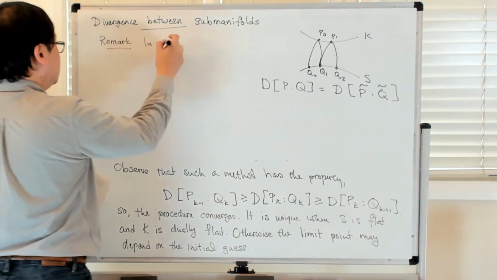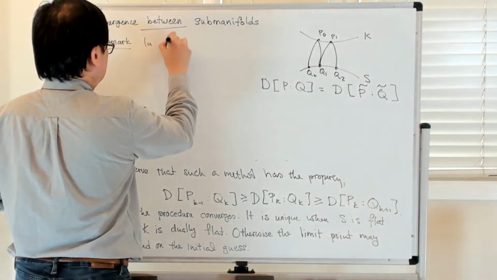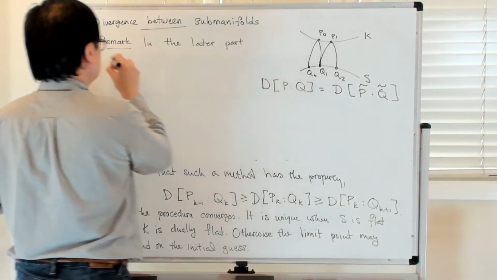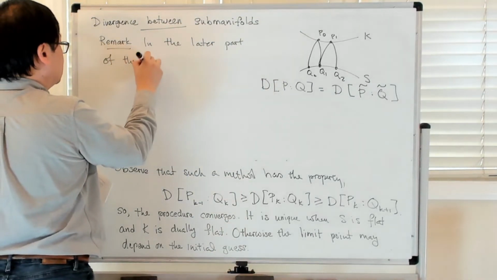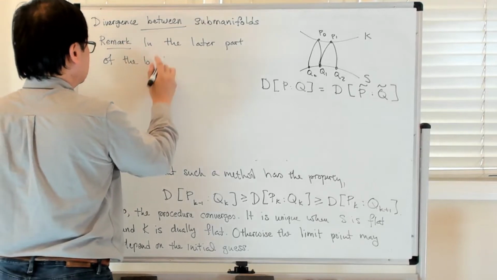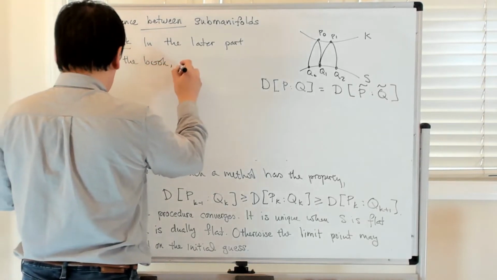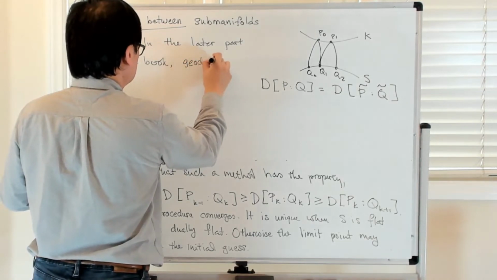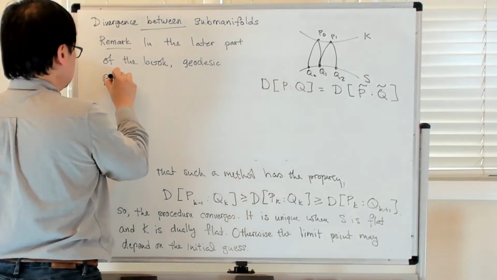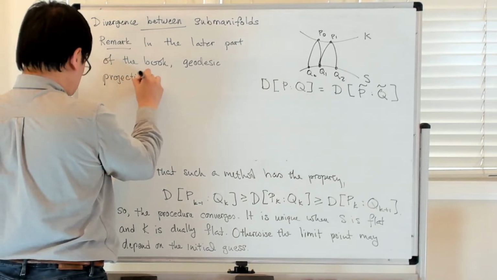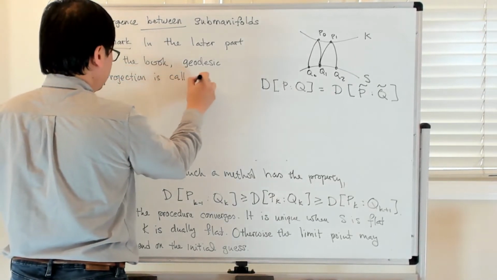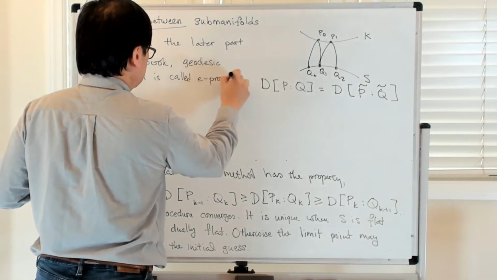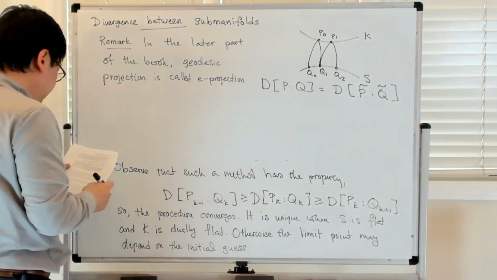In the later part of the book, geodesic projection is called E projection, corresponding to the exponential family.